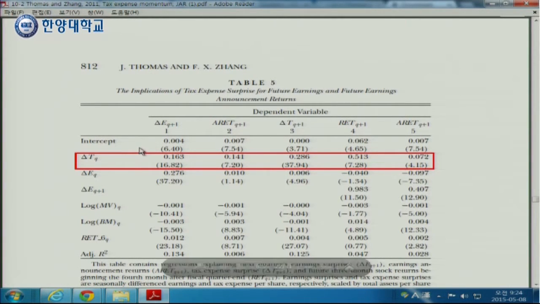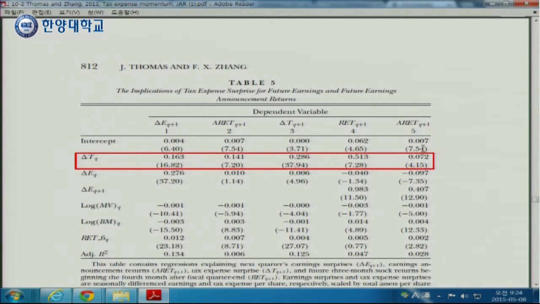Our key variable of key interest is this one, tax expense surprise. We can find that tax expense surprise predicts future earnings surprise. So it is Q. Q is this quarter's information, and this is the information next quarter. So at the time of Q, this one is not available.